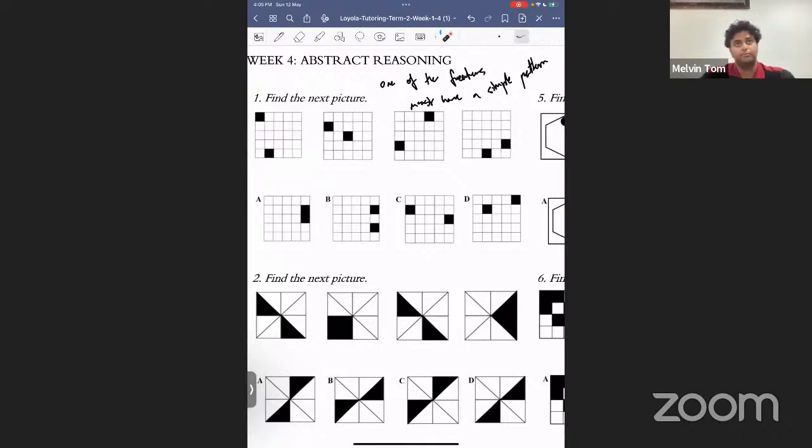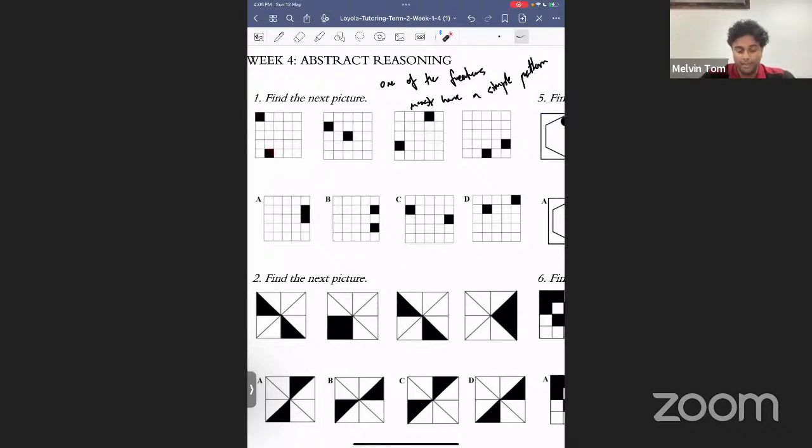So this could be like plus 1 plus 1 plus 1, or like plus 1 plus 2 plus 1 plus 2, right? Something very, very easy, something very straightforward to kind of see. The really hard ones won't have something very simple. That obviously is like the ones where the best abstract reasoning students will be able to solve under time. But for most of us, it's best to kind of skip it because of the time conditions of the exam. But for most of these questions where you have two of the same features, one of them has to have a simple pattern.